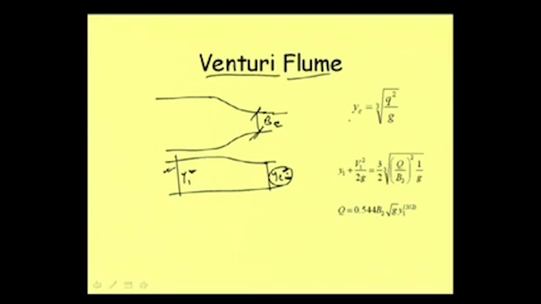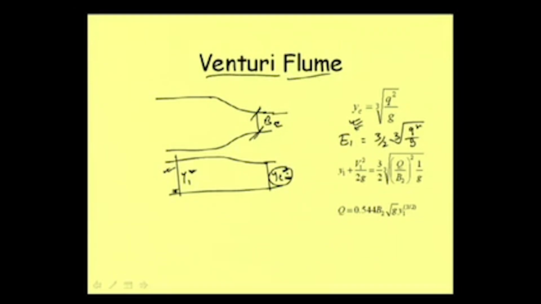We know this relation that critical depth is equal to (q square by g) whole to the power 1/3, or cube root of q square by g. Now, what we can do, at upstream the energy E1 is equal to 3 by 2, again we can write cube root of q square by g, that expression.